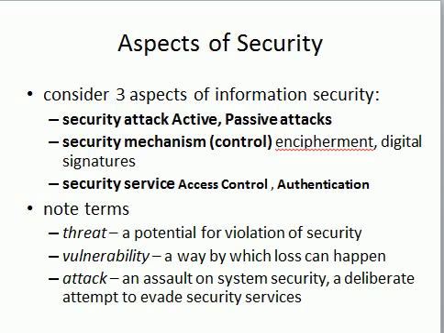There are three aspects of information security. First one, security attacks. They are active and passive attacks. Secondly, security mechanism. The examples are encipherment and digital signature. Third one, security services. The examples are access control and authentication.